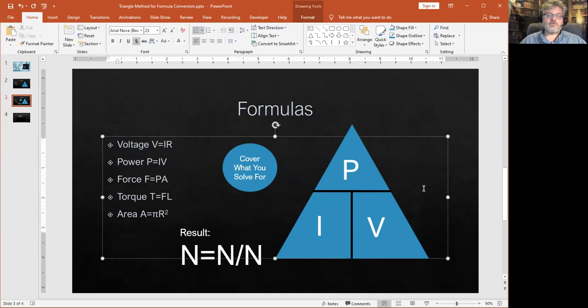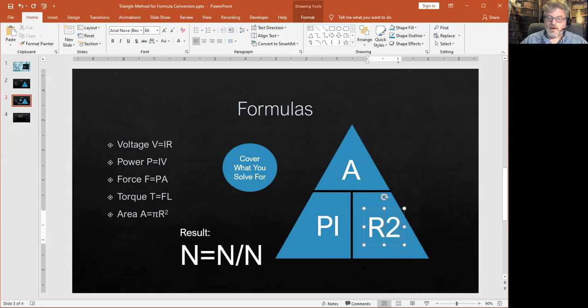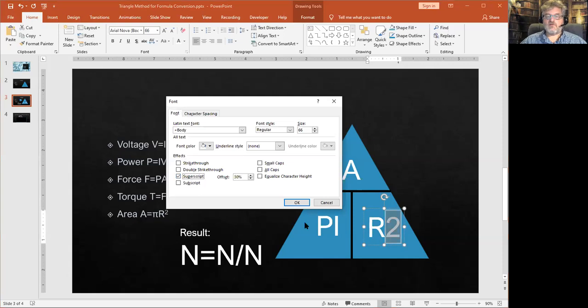Same thing for force. I'm not going to do it again. That's kind of obvious. Same thing for torque. Do it again. Same thing for area. A is equal to pi, and rather than getting that symbol, I'm just going to type pi, r squared. But I've got to use a superscript, so that takes me an extra second to convert that to superscript.